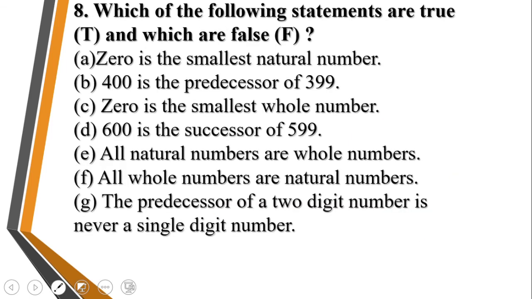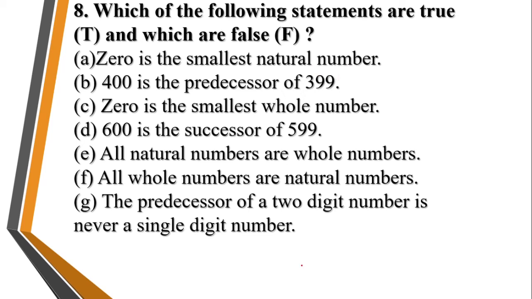The eighth question is, which of the following statements are true and which are false? Now we have some statements and we should say which is true and which is false. Let's start. The first statement is: 0 is the smallest natural number.